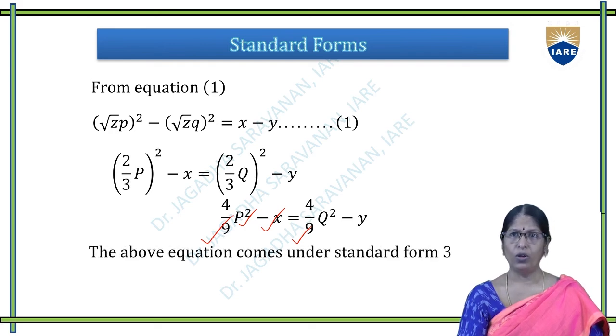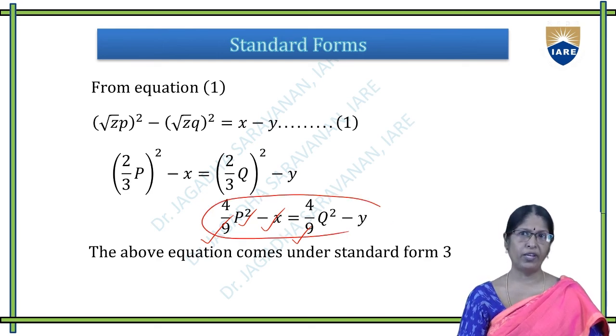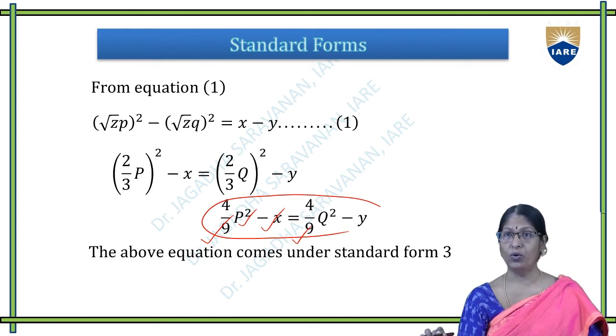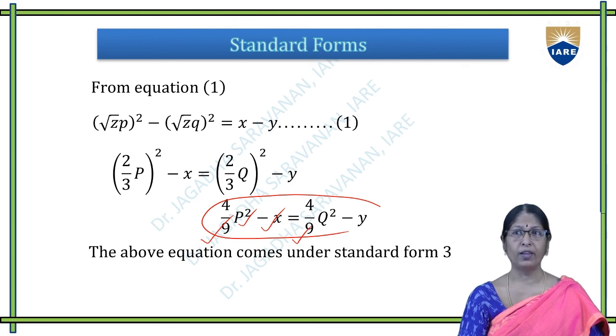So now we are looking at the variables, they are p, q, x, y. There is no way of Z occurring. Z is completely removed. Then it is our standard form 3. From now, we have to follow standard form 3 rules. The steps we already discussed at the start of this video lecture.